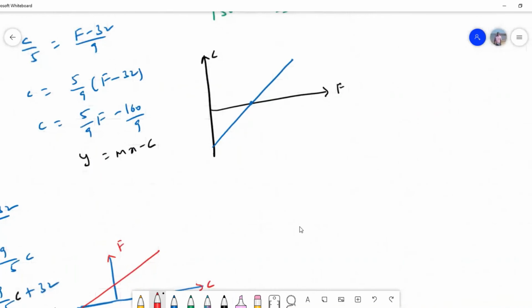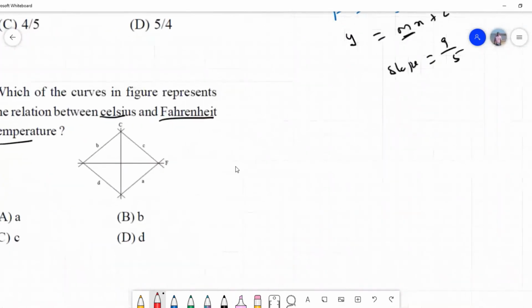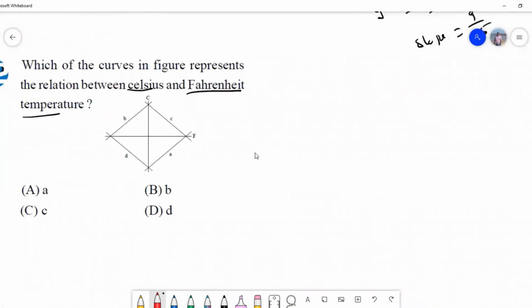If I take C on the y-axis and F on the x-axis, this is the C-F graph. So the answer is A. A is the correct answer.